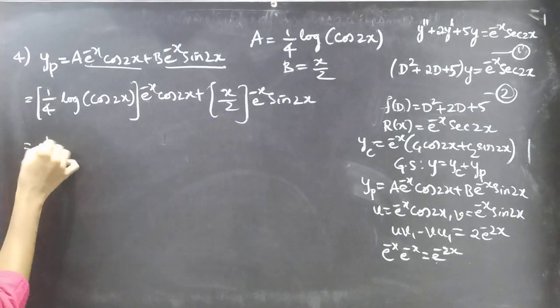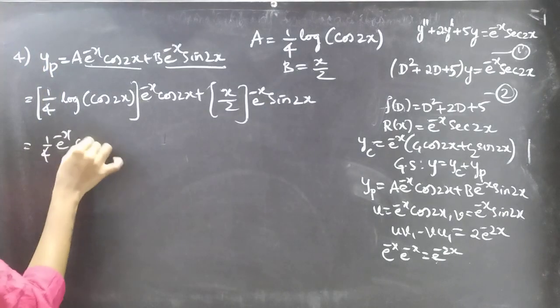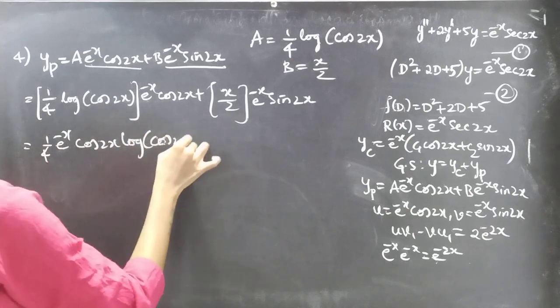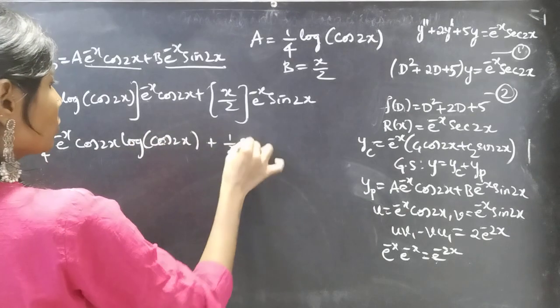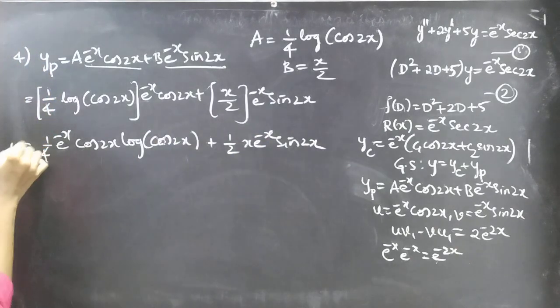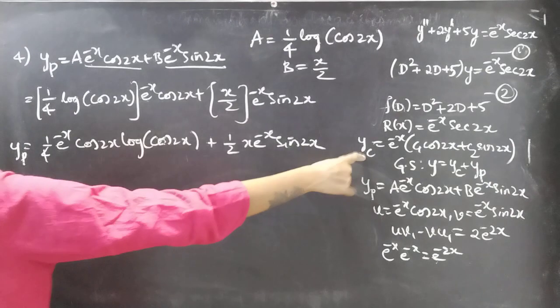Which gives us 1 by 4 e power minus x cos 2x into log of cos 2x plus 1 by 2 x e power minus x sin 2x, which is our required yp. We got yp and yc.